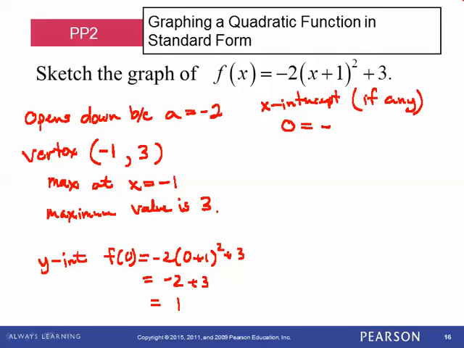And again, x-intercept if any. Sometimes there could be 2 as the parabola is going down, like on the previous example. Sometimes it could be just 1, where the vertex is actually on the x-axis, or it could be 0. So we've got to be thinking about that. Anyways, what we do is we plug in f of x is equal to 0. And we have to solve for x.